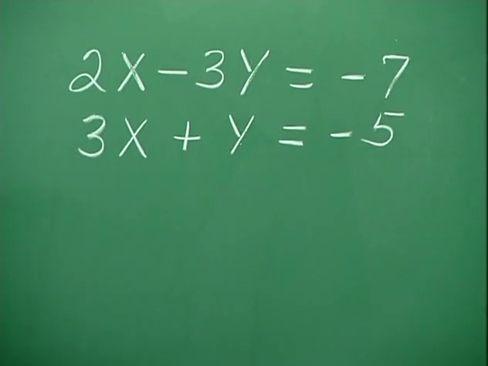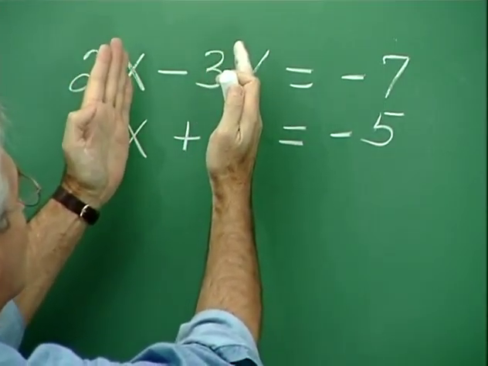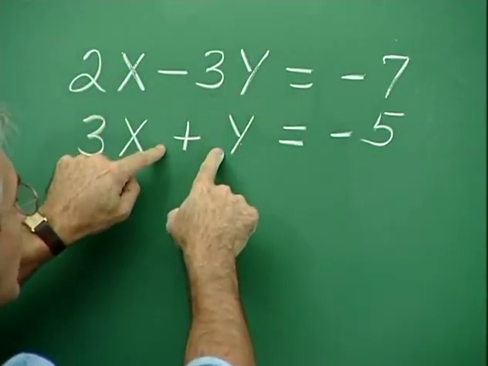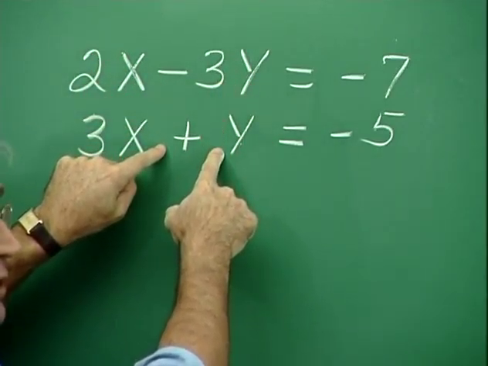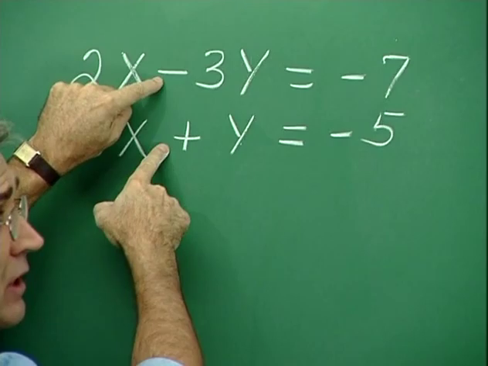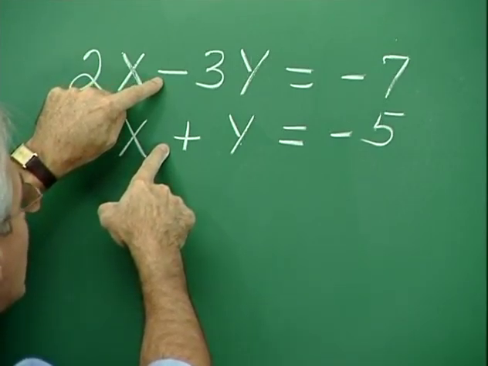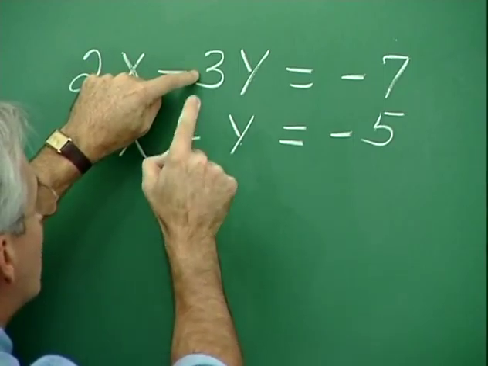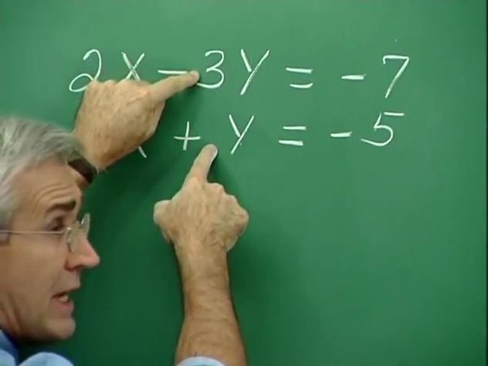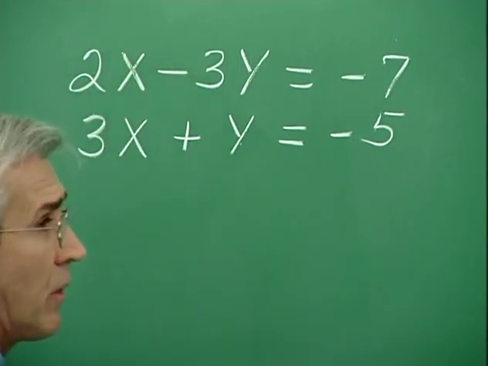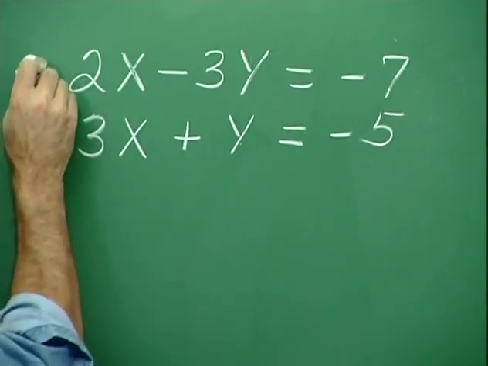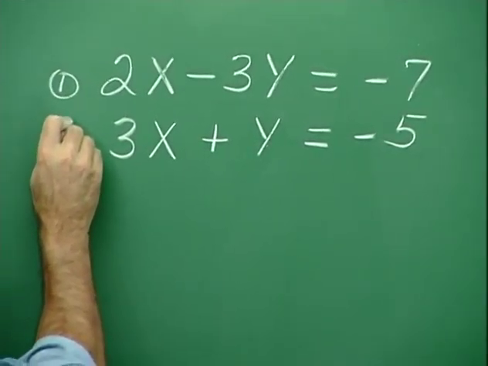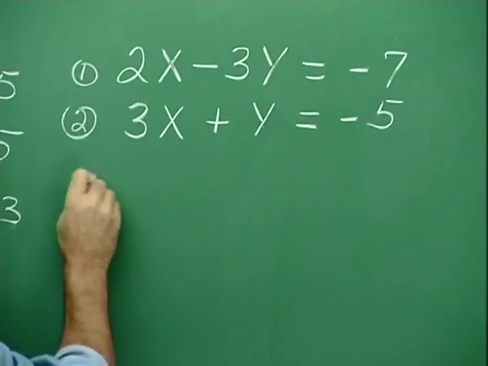Well, it kind of looks like to me that we should attack the coefficients of y because we need only multiply in equation 2. The sign difference is already in place, so we don't have to worry about that. All we need to do is multiply in equation 2 by 3 in order to create the condition that we want. Well, to keep things organized, I'm going to bring down equation 1 here.